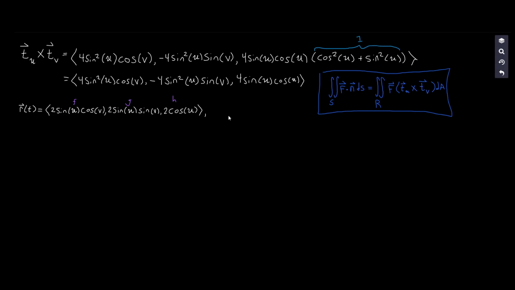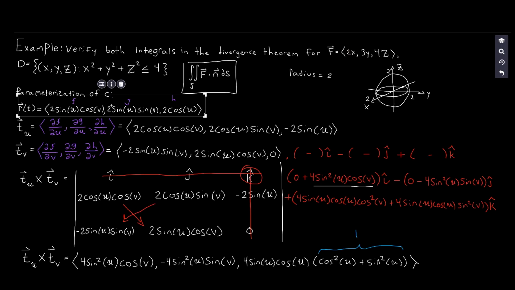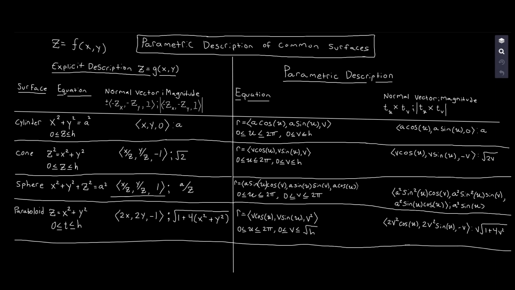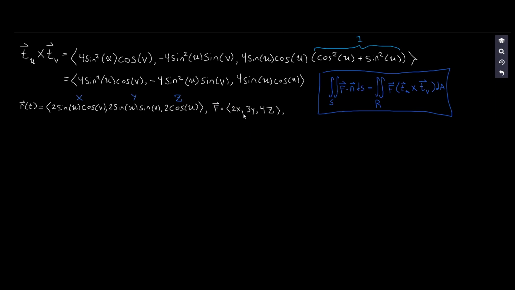But instead of f, g, and h, I'm gonna say that this is now x, y, and z, not that it really matters. The reason is that the vector given to us is vector f equaling 2x, 3y, and 4z.